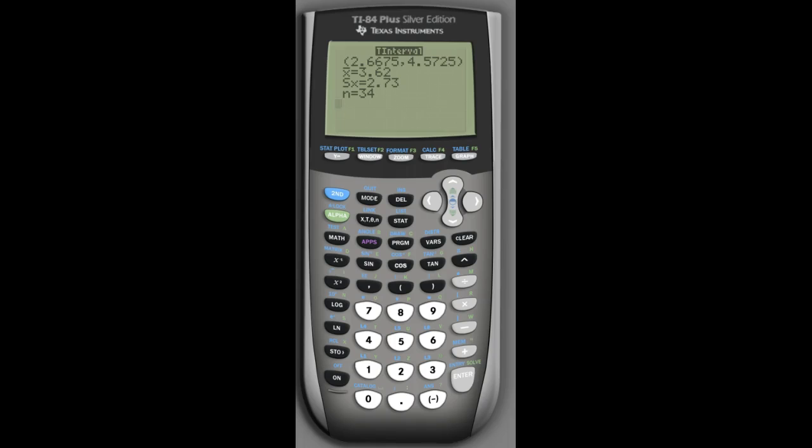We take stat tests and do a t interval. The mean in the problem is 44 hours with a standard deviation of 2.3. The number of workers is 200. It's a 95% interval. This gives me 43.679 to 44.321. Let's transfer that over to the paper.